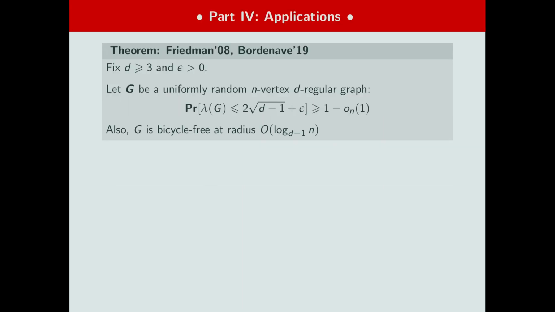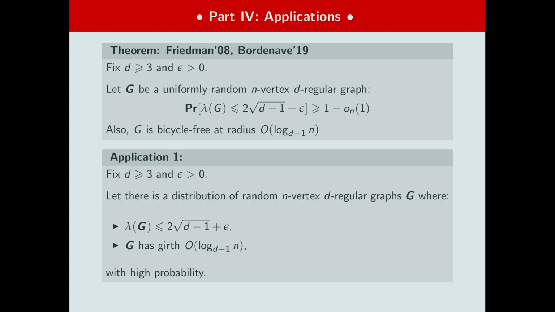Now let's look at what we can use this main theorem for. So recall that a uniformly random d-regular graph is near Ramanujan and also bicycle free at a large radius with high probability. If we apply our cycle removal theorem, then we get an explicit distribution of near Ramanujan graphs with high girth. Again, I'll let you stare at this for 1 second before we move on.